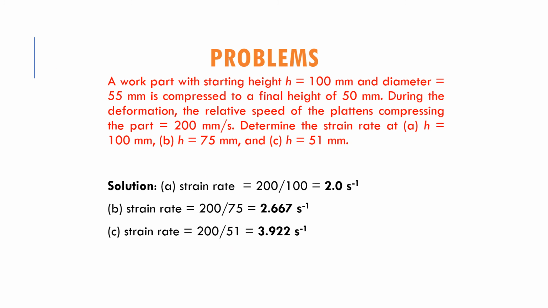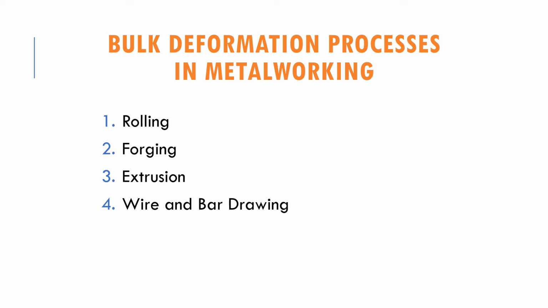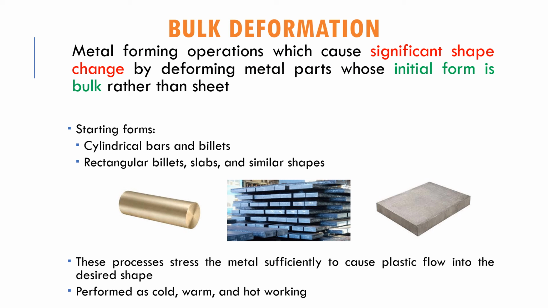As I mentioned previously, bulk deformation processes in metalworking can be classified into four: rolling, forging, extrusion, and lastly wire and bar drawing. In bulk deformation, there will be significant changes from the initial form to the final product.